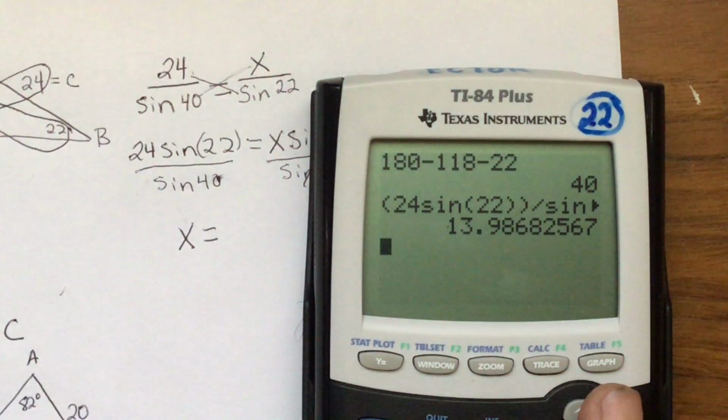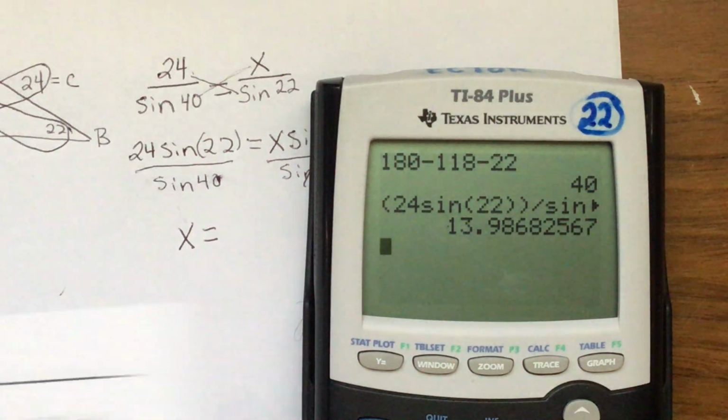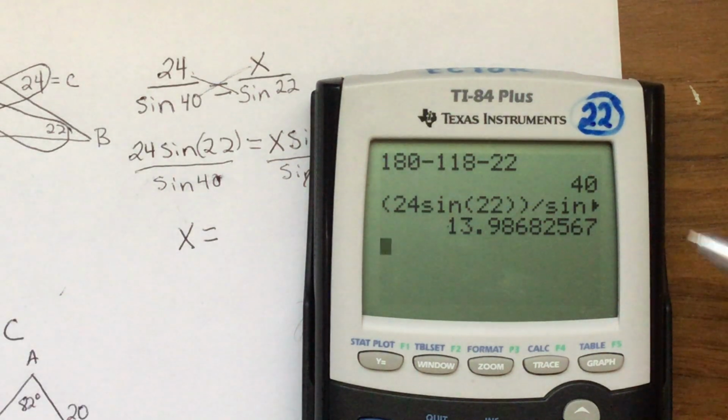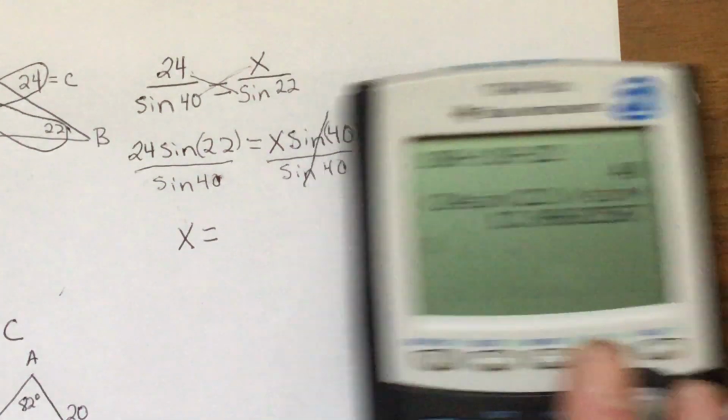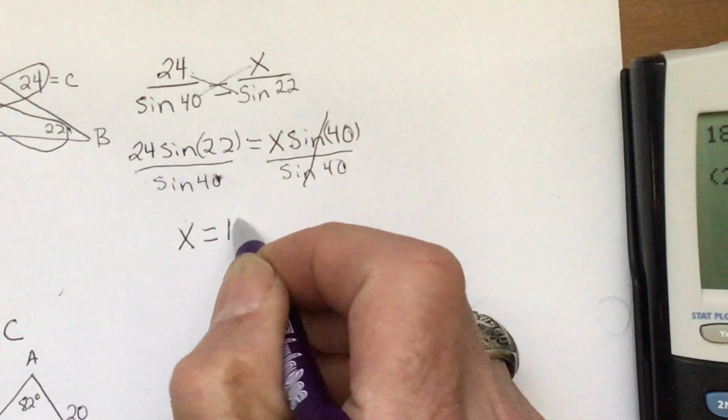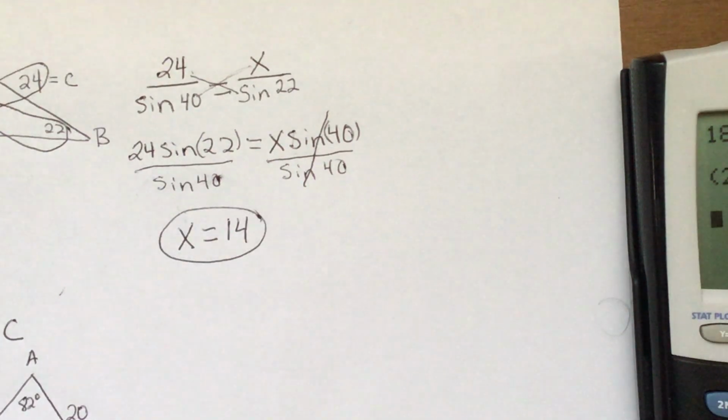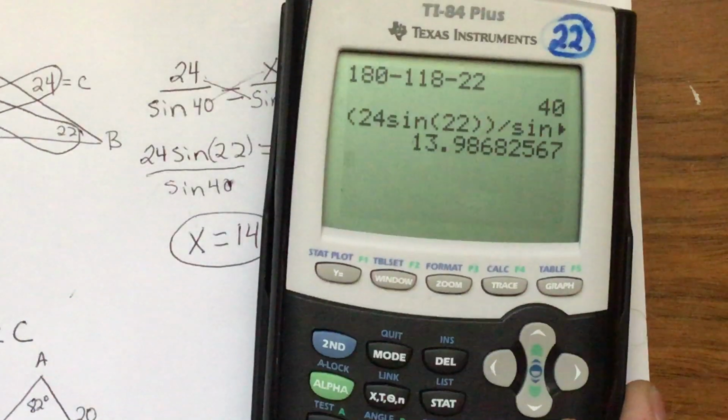Now the instructions say, I believe, to round to the nearest tenth. Let me check. Yep. So if we round this to the nearest tenth, that 9 rounds up to 10, which makes that round up to 14. So the answer is 14. Okay, look at what I did again there.